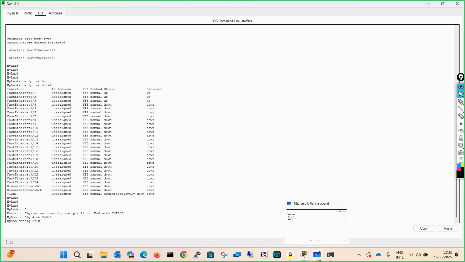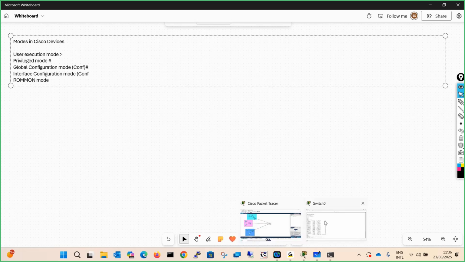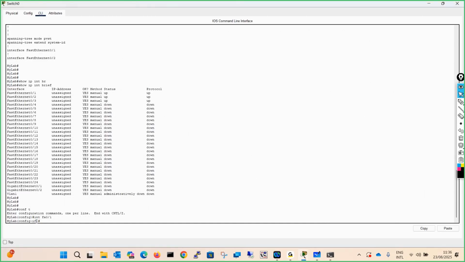But before that, let me write down for you over here. Global configuration mode means conf. This is how your configuration mode looks like, and this one is how the configuration interface mode looks like.